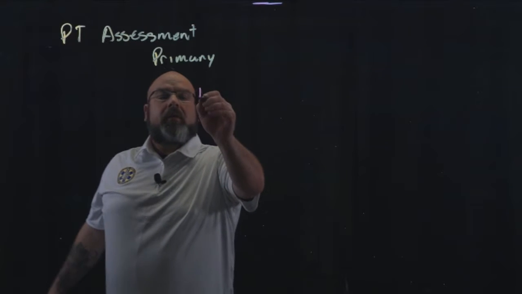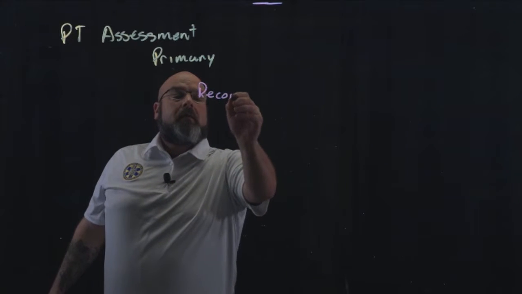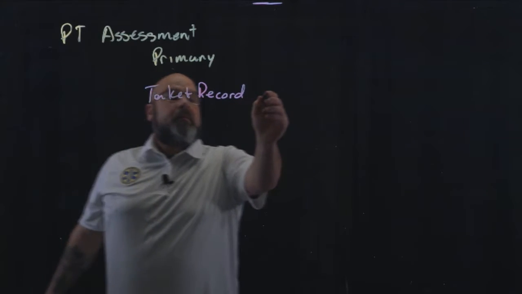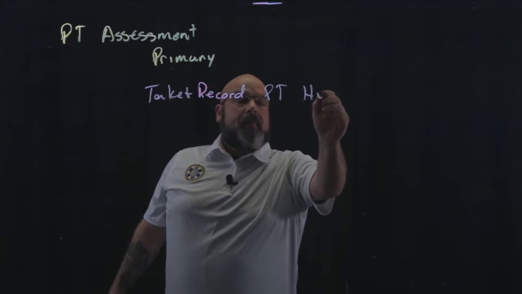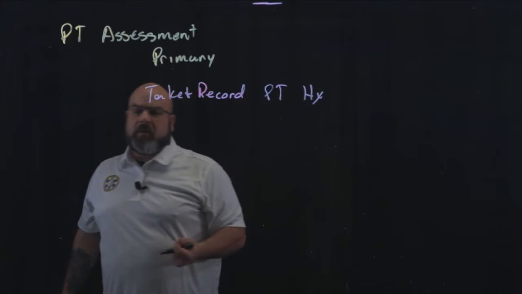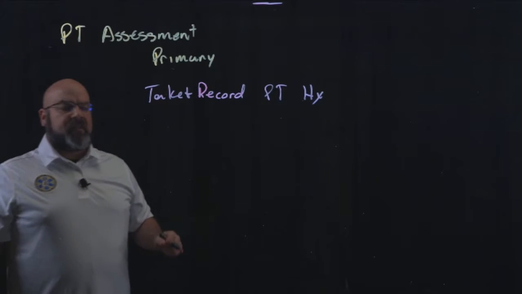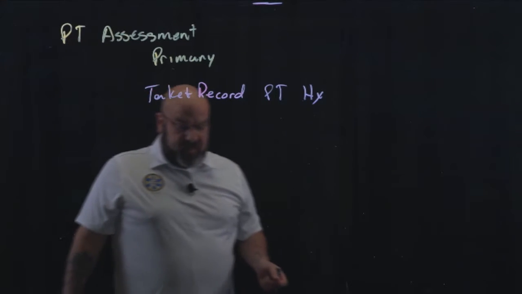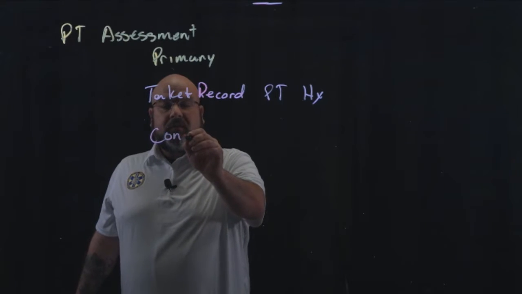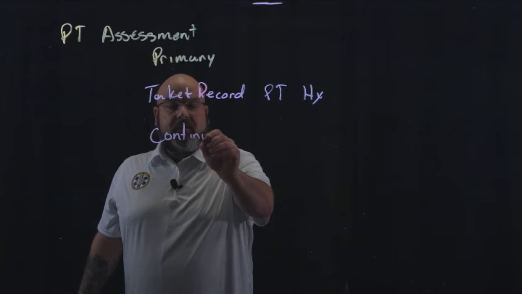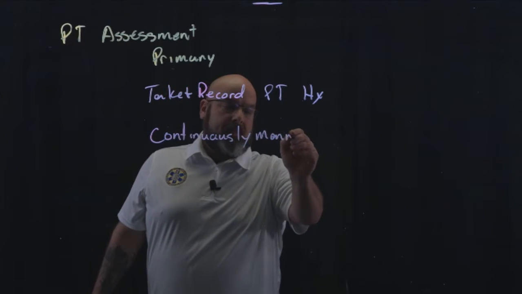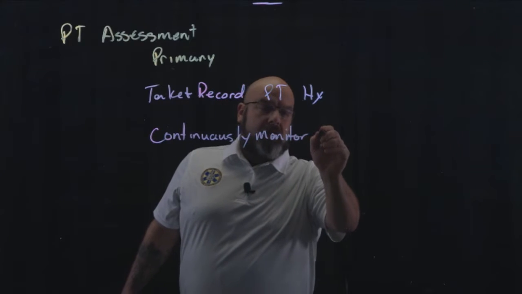We must take and record patient history, pertinent medical history. We don't need to know that they had their tonsils and adenoids taken out at 3 years old, unless it's pertinent to the injury at the time or the illness at the time. We need to continuously monitor the patient.